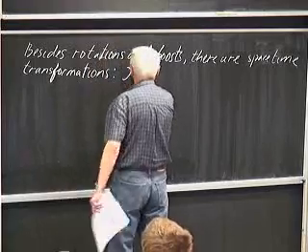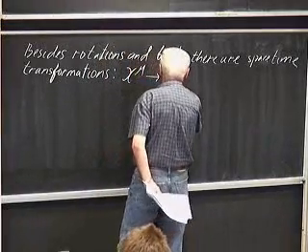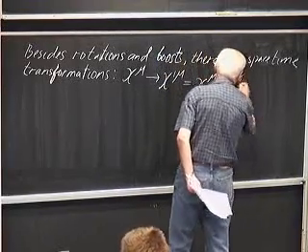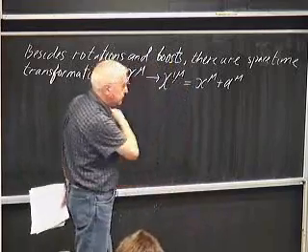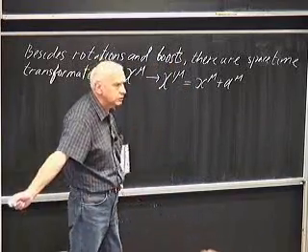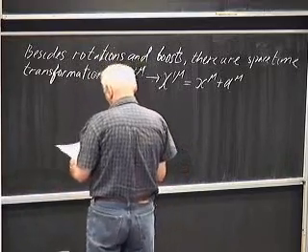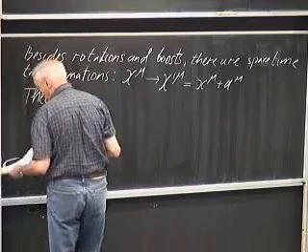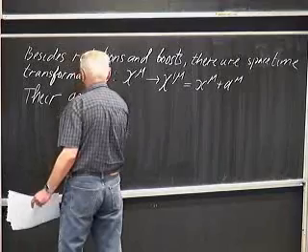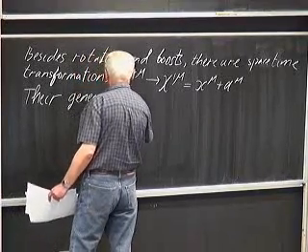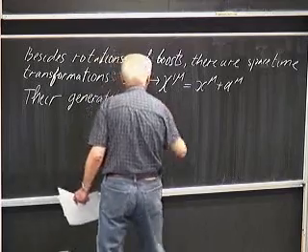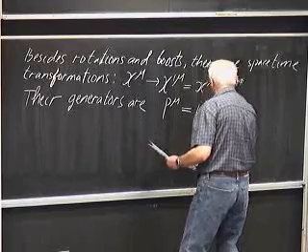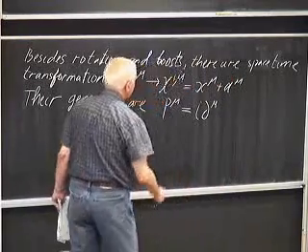This is very easy: x^mu goes to x'^mu = x^mu + a^mu, some constant vector, that's it. This is a very important transformation for sure. Their generators, and I will show why, are P_mu, and this guy is the four-dimensional gradient, if you want.